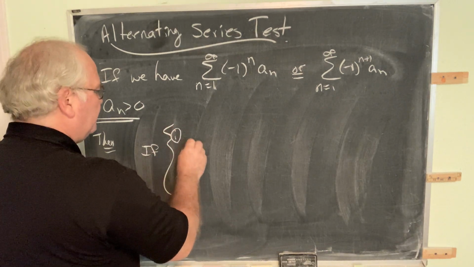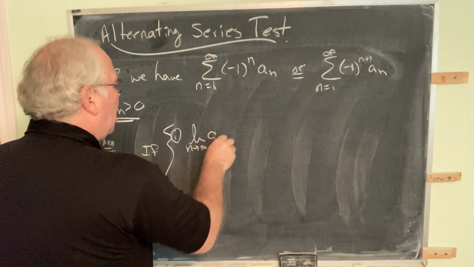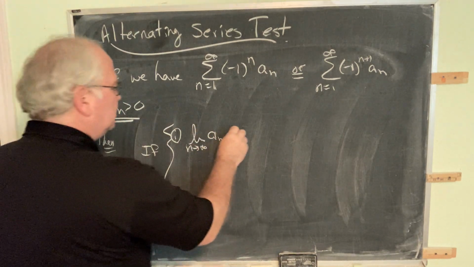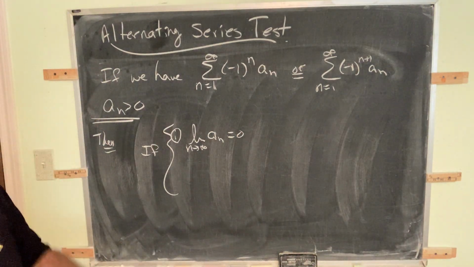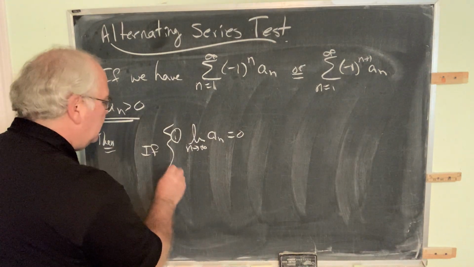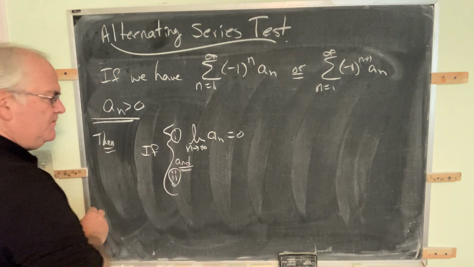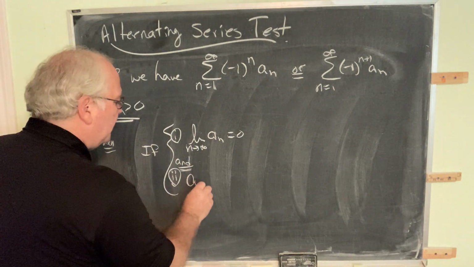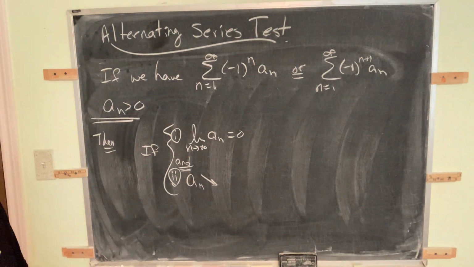Number one, the limit of the non-alternating portion must be 0. And the second requirement is, so this is an and, they must both be true, the non-alternating portion is decreasing. The non-alternating portion must be decreasing.